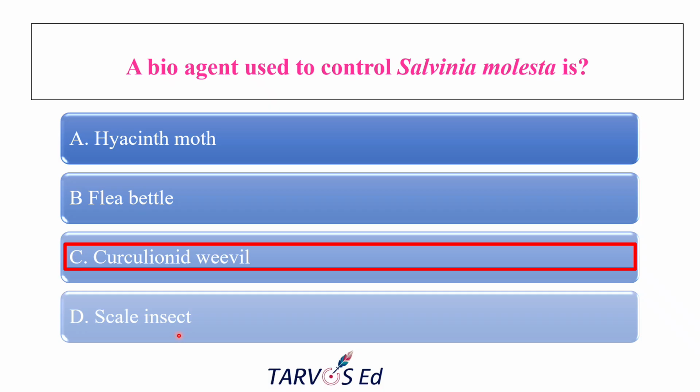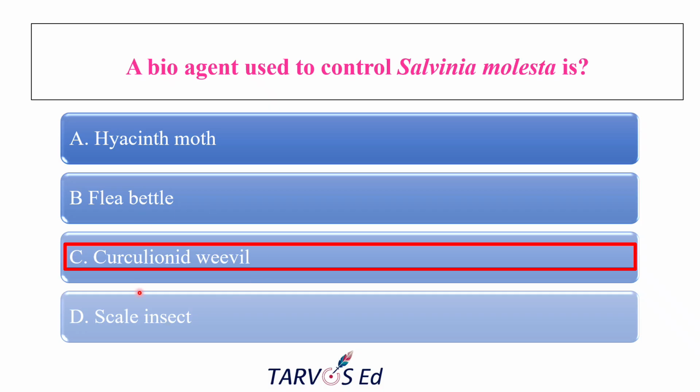So prickly pear is one weed, that is Opuntia dillenii. In order to control prickly pear, this scale insect would be used. That is Dactylopius opuntiae, which is nothing but a scale insect. This insect looks like a scale. This is imported from the US. Main origin is the US.